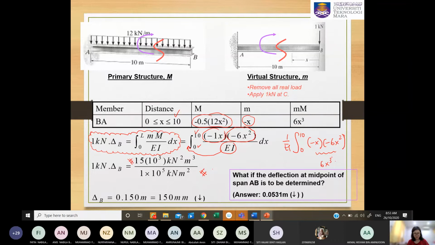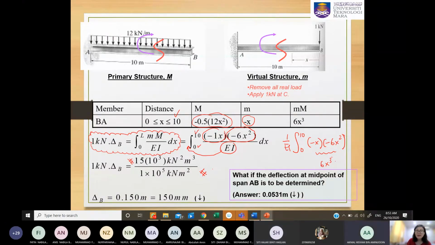Where is my integration? Oh, 350 cannot do. How about your calculator? You are having a series of what? 300 plus or 500 plus? 500. Okay, so you can get this 15 power 3 without problem.